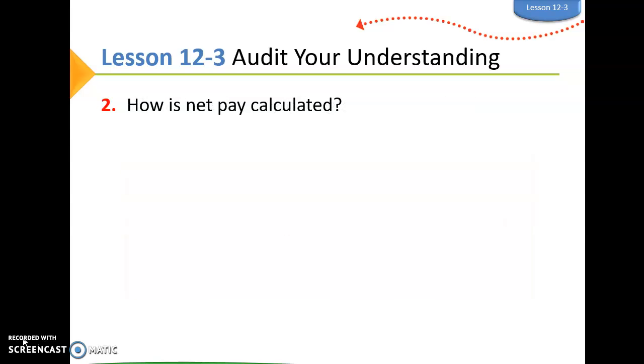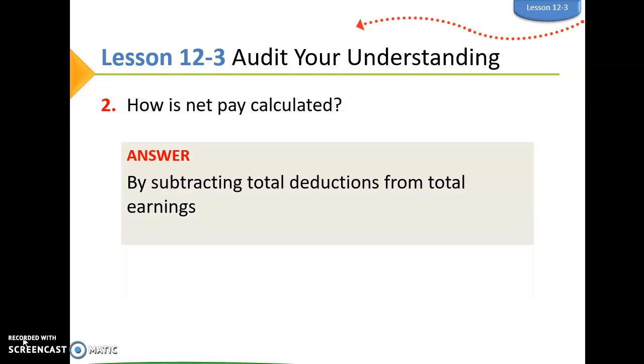How is net pay calculated? It's your gross wages, or total earnings, you can call it different things, minus all of your deductions and withholdings, which would be your taxes, health insurance, all of that stuff. That's going to be your net pay.